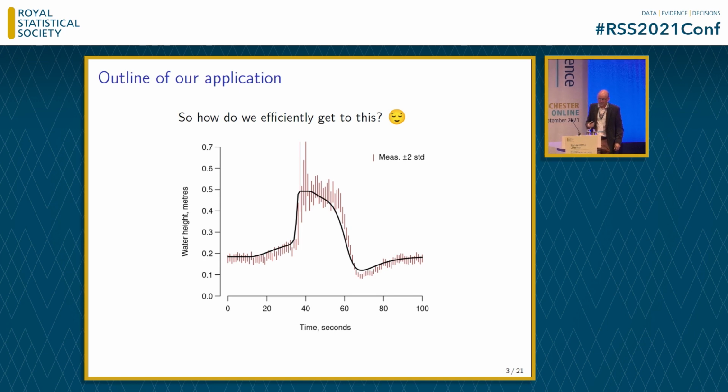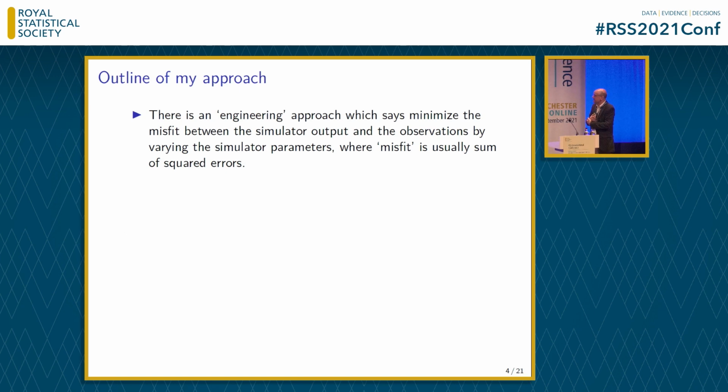So a brief outline of what I'm going to propose. There is already an approach to doing this problem, and it's ubiquitous in the sciences, which is simply to create a misfit function between the simulator output and the measurements. And that misfit function is almost invariably the sum of the squared deviations.